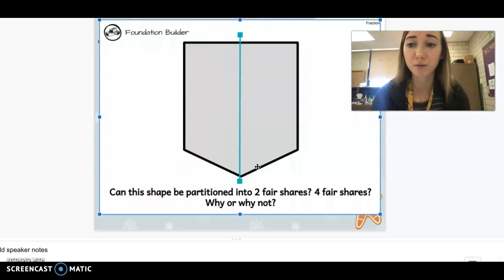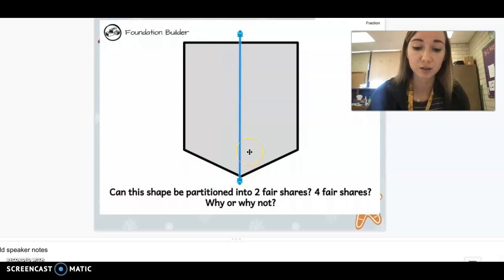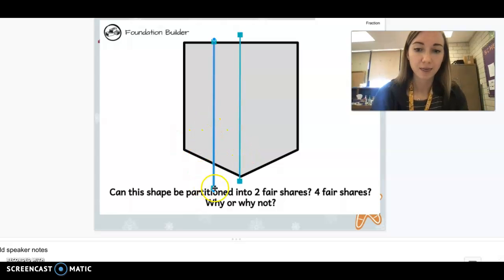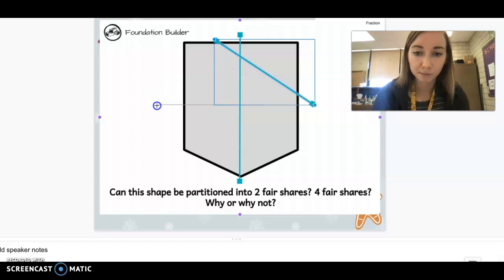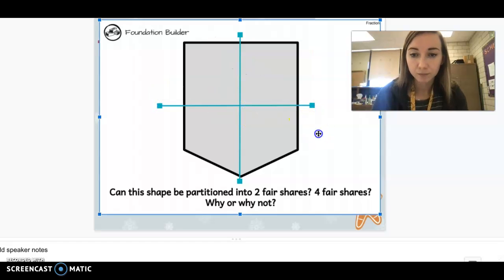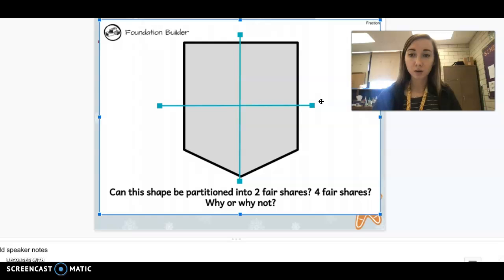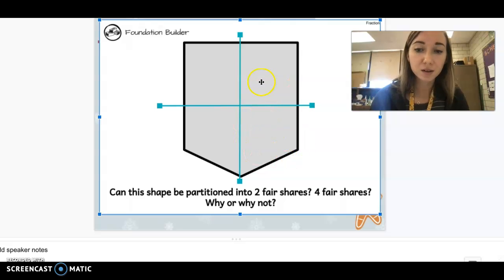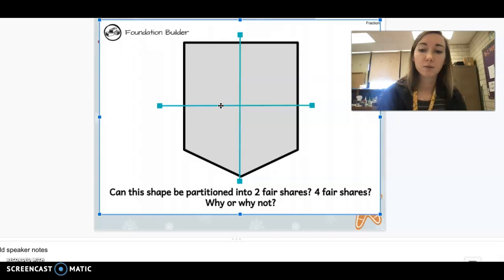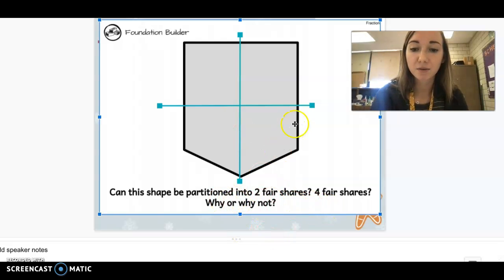So those are not fourths because they are not fair shares. What about if I do it like this? What if I try what I did for my circle? Are those fair shares? Are those fourths? They are not fourths because look, these parts are not the same size as these parts. These are not equal parts, therefore they cannot be 4 fair shares.